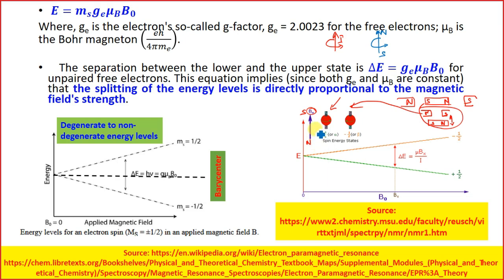Now, in this case, what is happening? We are talking about electrons. So south will become north, north will become south.